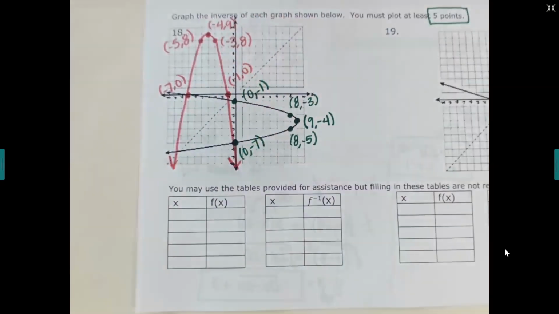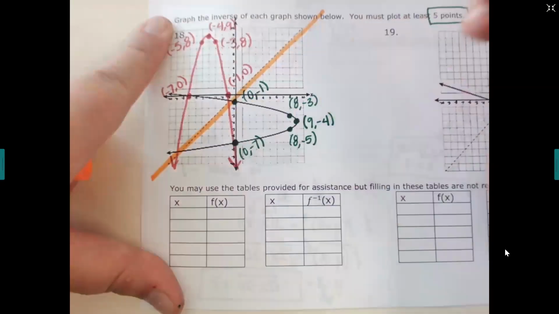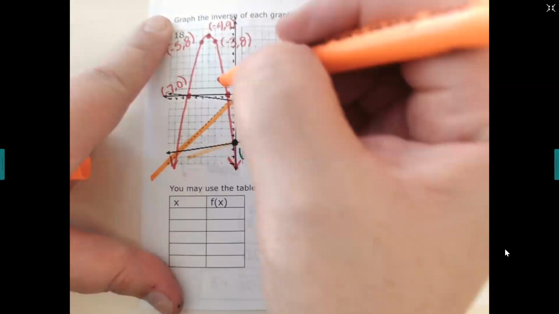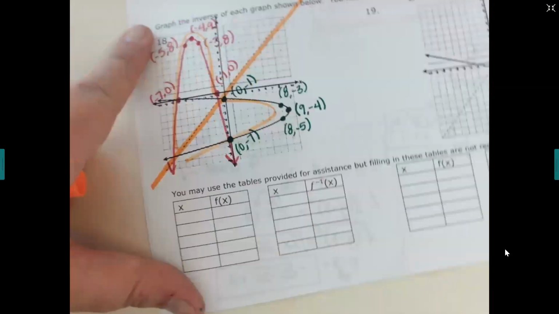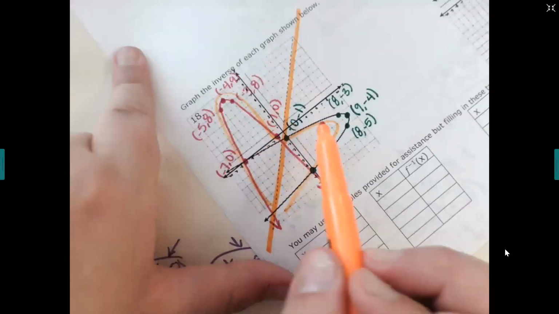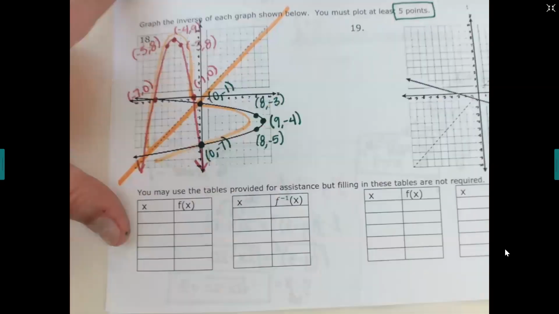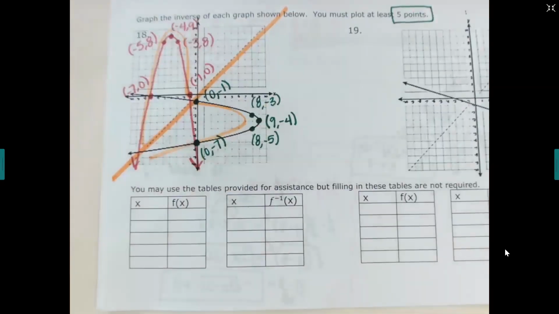Also, do we remember where the symmetry should be on your graph? Remember, it should be symmetric about that diagonal. So if you draw in this line right here, you know what I mean? It should cut your little heart thing in half. So if that doesn't happen where it matches on both sides, then you know that you messed up. Questions on that? Okay, we have one more thing to cover, but we only have 5 minutes.